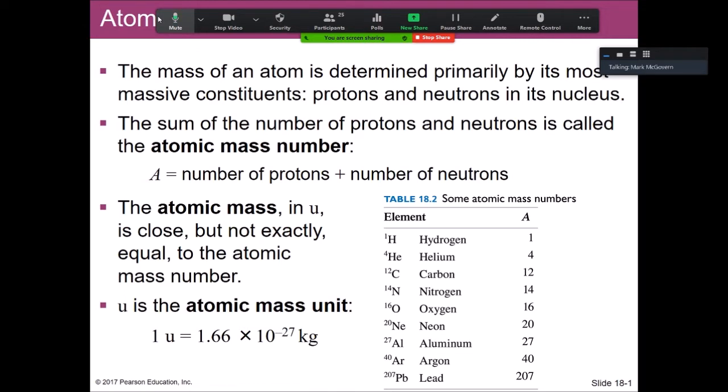And so to determine the mass of a particular atom, we look here at the atomic mass unit, which is given by this lowercase u here. And you simply need to add up the number of protons and neutrons in a given atom and multiply it by the atomic mass number, and that would tell you how much mass in, say, kilograms a particular atom has.